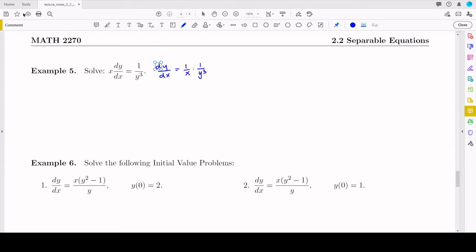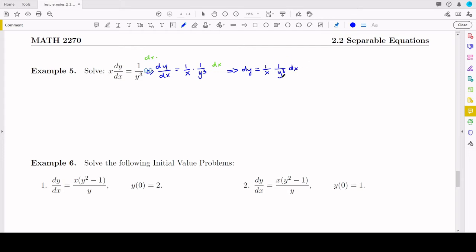Then we can solve this by starting by multiplying both sides of the equation by dx. We get dy equals 1 over x, 1 over y cubed, dx.